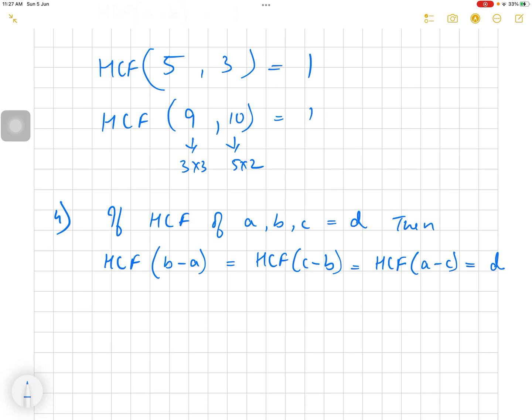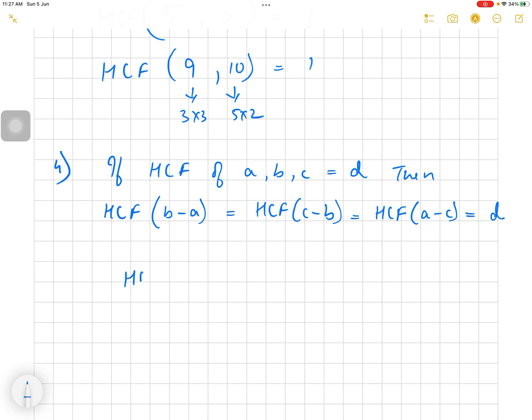Let's take any 3 numbers. For example, let's take 10, 15 and 20. So HCF of 10, 15 and 20 is actually 5, right? Because factors of 10 is 5 into 2, factors of 15 is 5 into 3, and 20 is 5 into, okay, no, I don't want to take this, because then 10 becomes the factor.